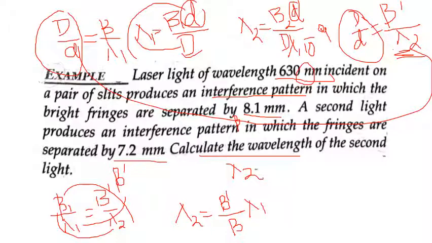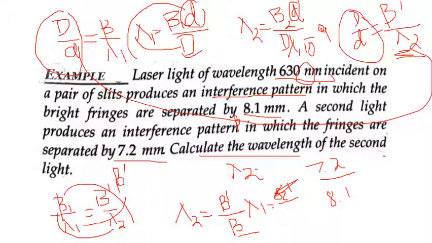Now beta dash, how much is it? It is 7.2 millimeter. What is beta? Beta is 8.1. The millimeter will get cancelled, so it will be 7.2 divided by 8.1.